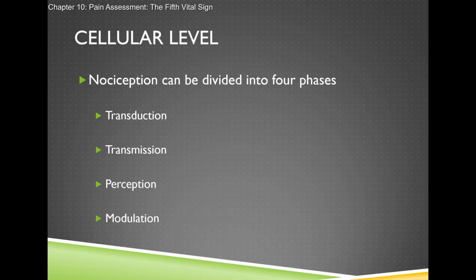Okay. Then the third phase is the perception. The perception is when you actually perceive this as a painful experience. That's because when all of this happens, going through that transmission phase and into the thalamus, it tells your brain to release that cortical.